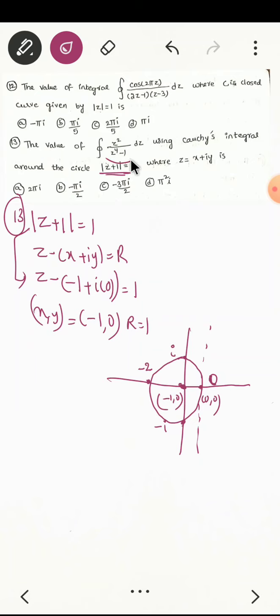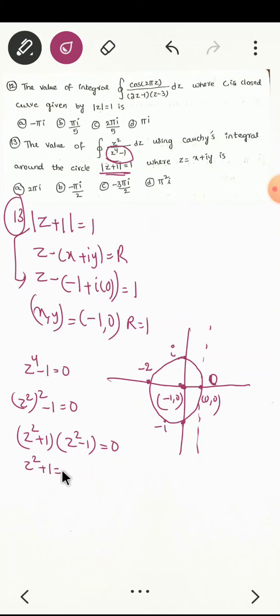Now take the downward values. z power 4 minus 1 equal to 0. I can write (z square) whole square minus 1 equal to 0. a square minus b square can be written as (a plus b) into (a minus b).